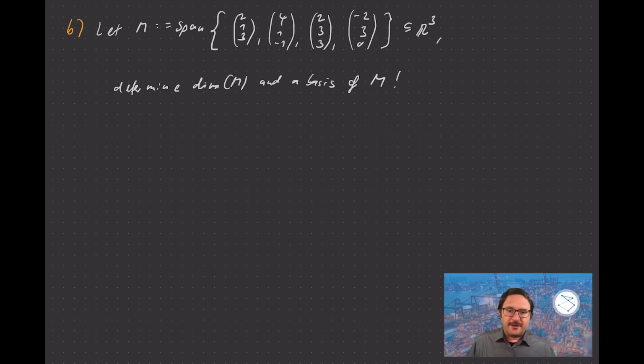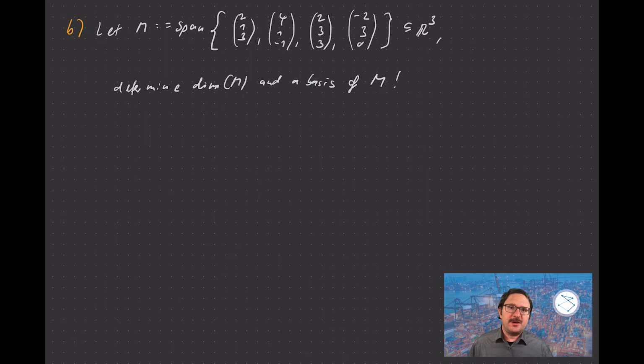Now, as you can see, we have a generator that encompasses 4 vectors. The dimension of R3 is 3. So a basis in R3 will have only 3 elements. So that means this is surely not a basis, it's too large.